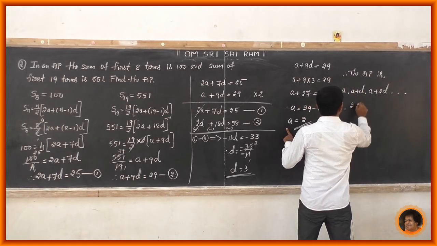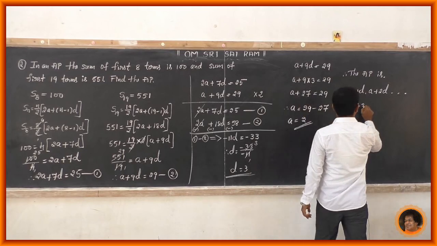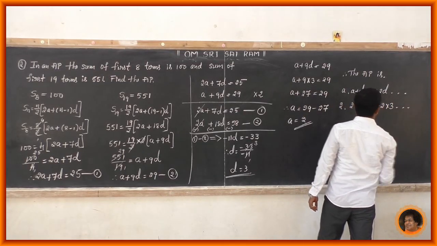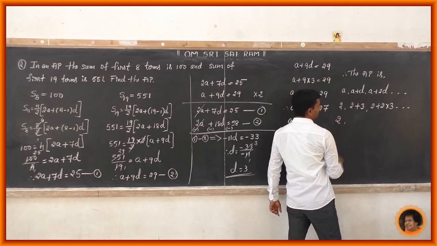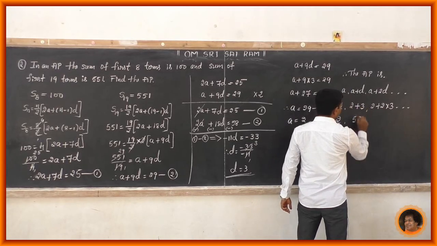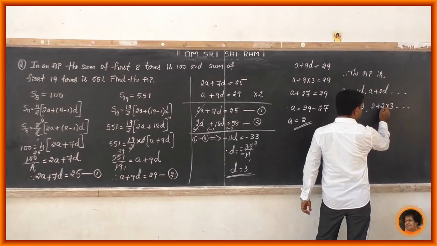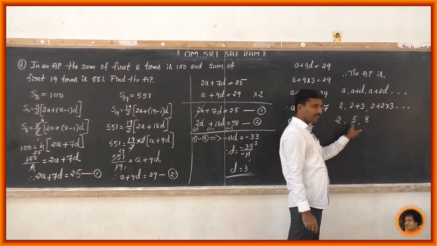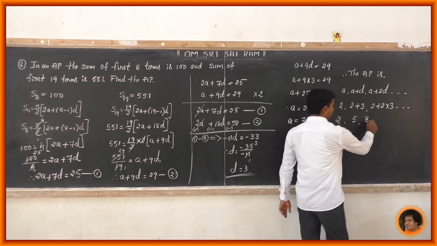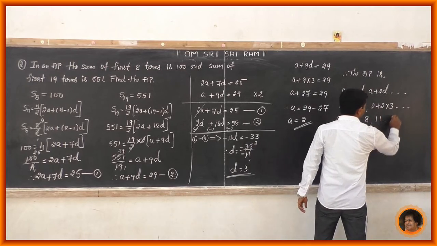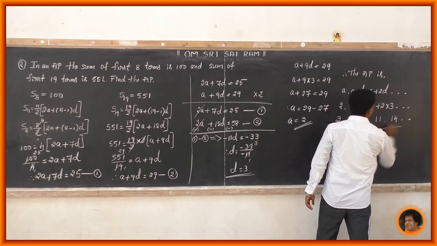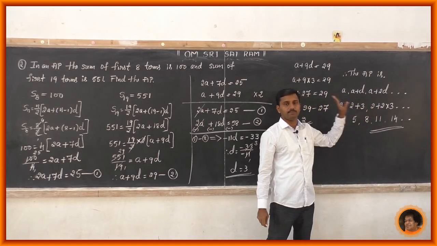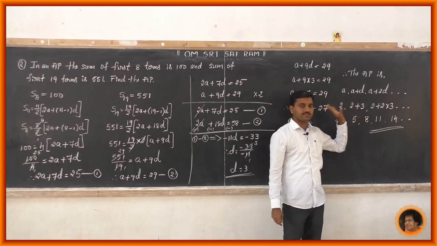Second term 2 plus d value 3, so 2 plus 3 is 5, then 5 plus 3 is 8. Here the common difference is 3. Now 8 plus 3 is 11, 11 plus 3 is 14, and so on. So 2, 5, 8, 11, 14 are in AP because the common difference is the same.